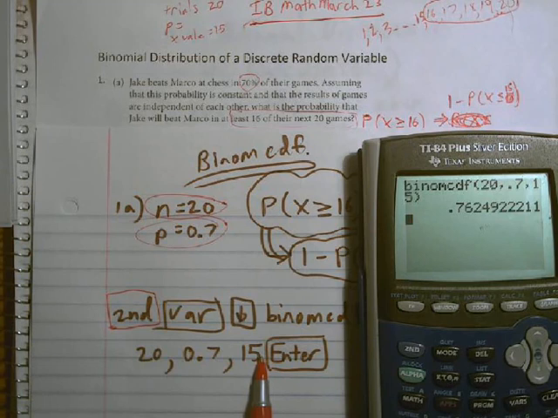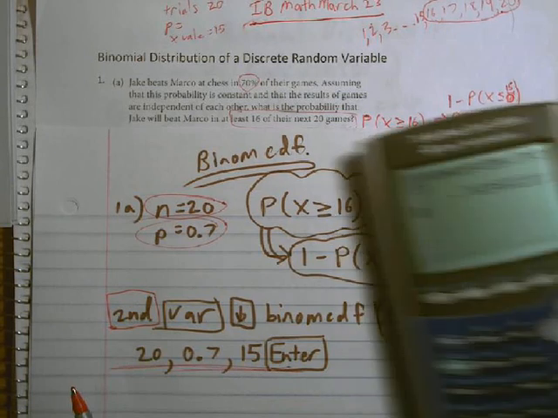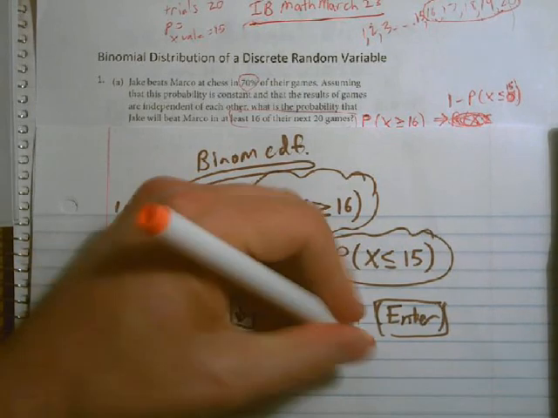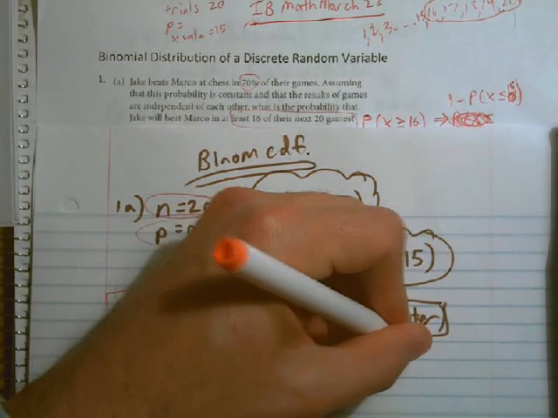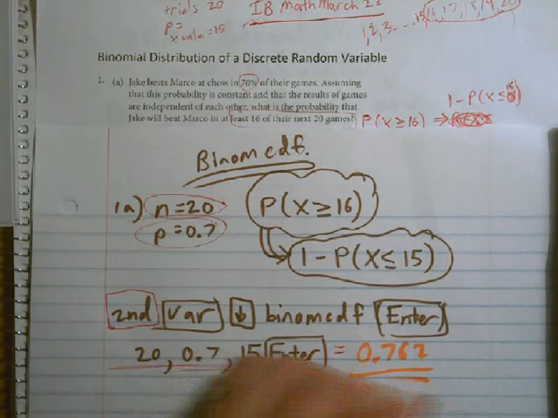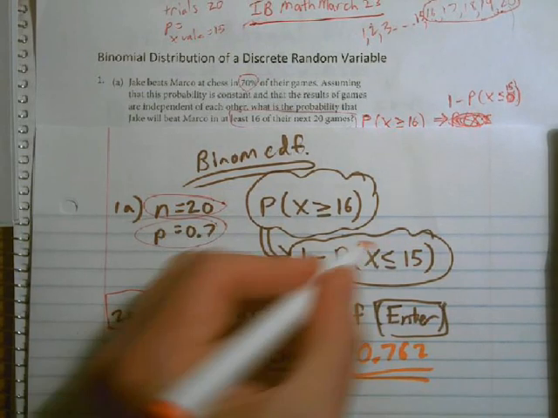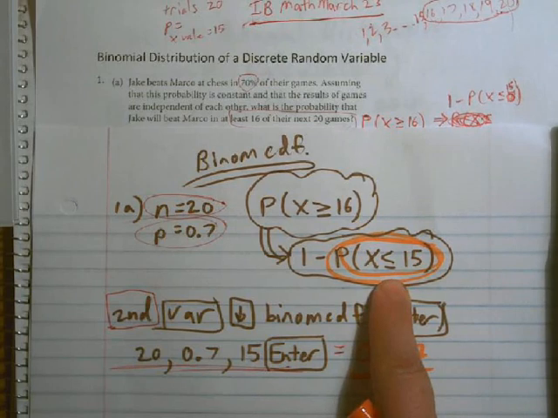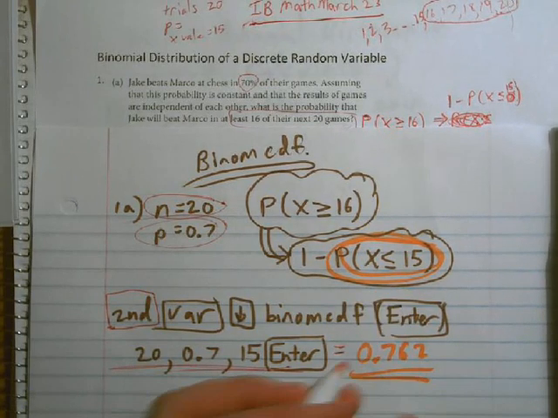Now, this is the probability of winning 15 or fewer games out of 20.